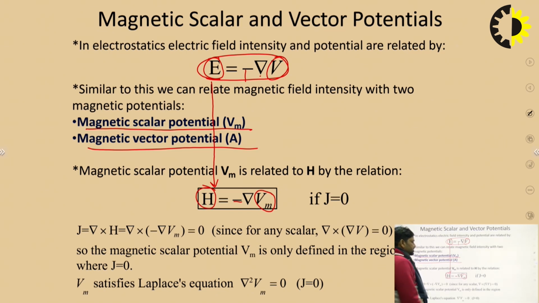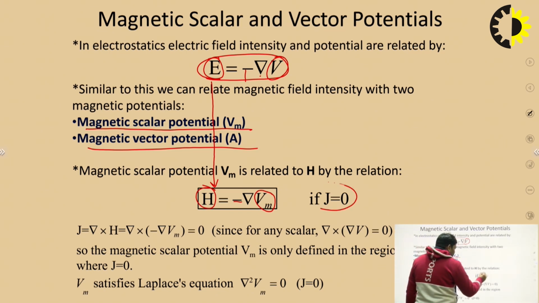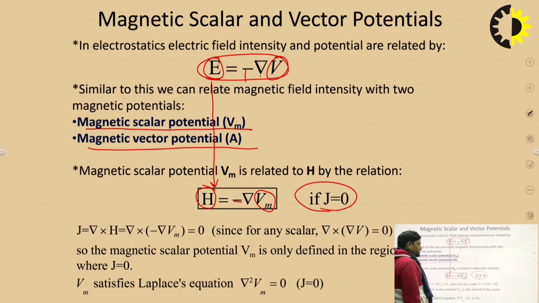If J is equal to 0, that means the current density is 0, then this equation exists: H is equal to minus grad of the magnetic scalar potential.